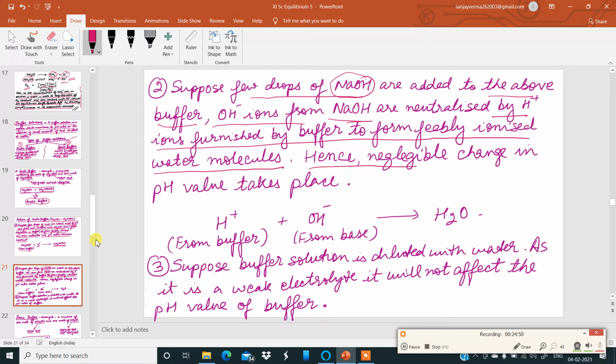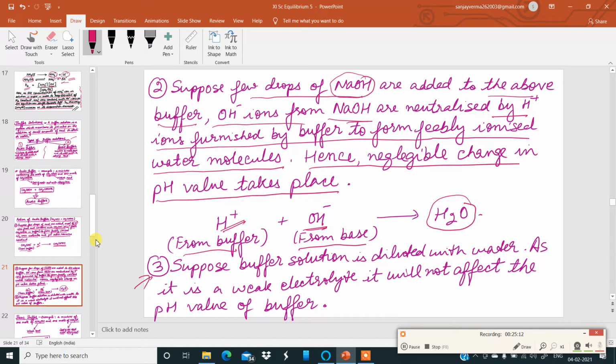Hence negligible change in pH value takes place. That means almost no change, the pH value remains maintained over here. So this resistance is called buffer action. So here the H plus ions from the buffer react with the hydroxyl ions from the base which we have added to give weakly ionized water molecules, so the pH does not get affected.